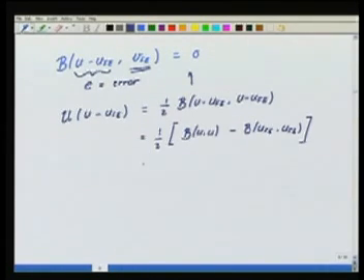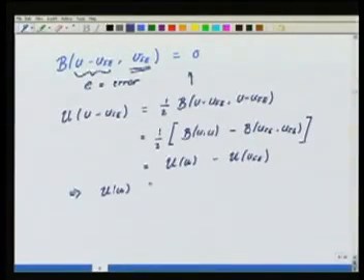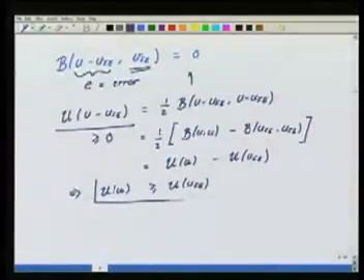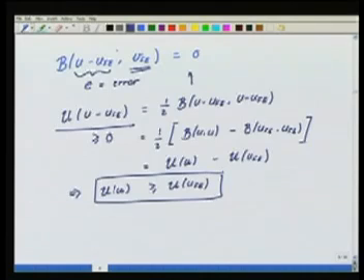So this is equal to the strain energy of u minus the strain energy of u_FE, and this implies that the strain energy of u is greater than or equal to the strain energy of u_FE, because the strain energy of the error is greater than or equal to 0. Now, this as yet has no connection to what we have done.